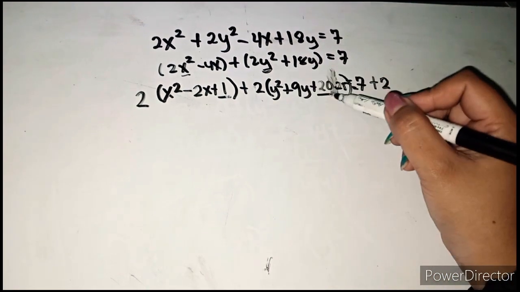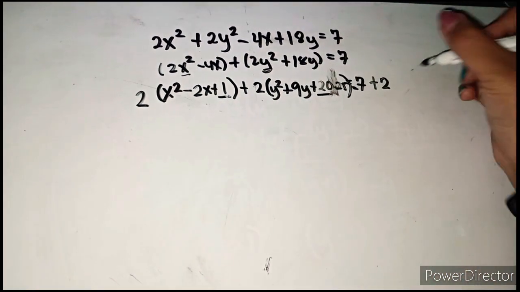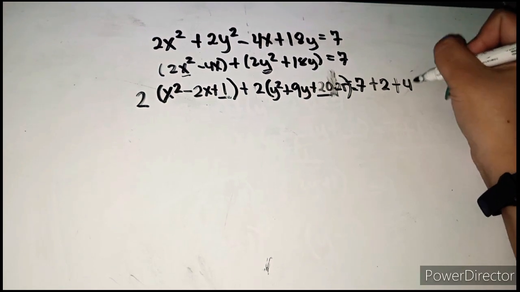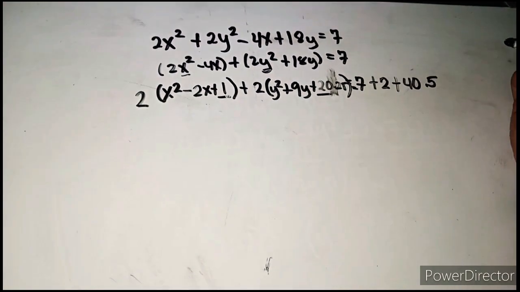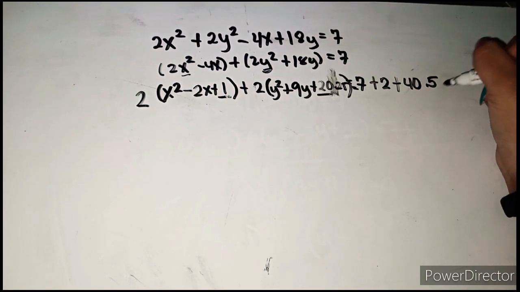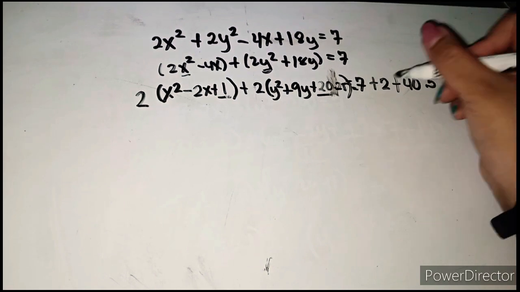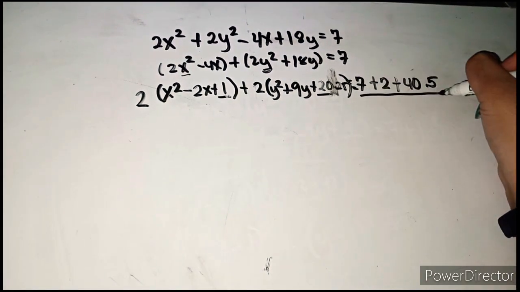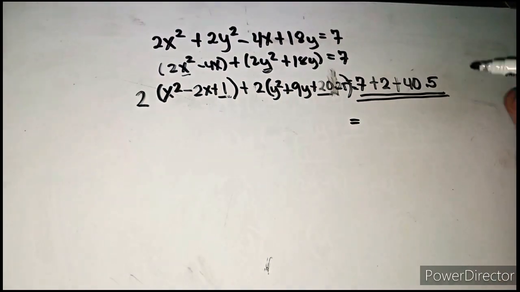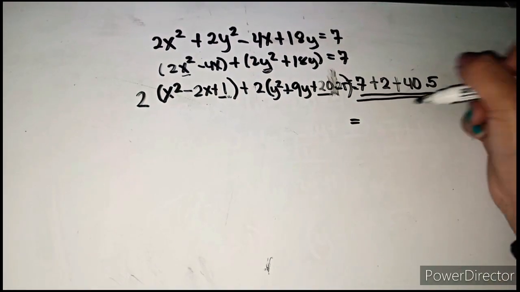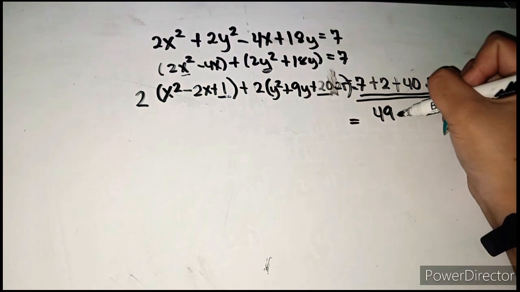So, 20.25 times 2 is equal to 40.5. So, yun po yung sagot dito. Next step. So, simplify muna natin to. So, we have 7 plus 2 plus 40.5 is equal to 49.5.